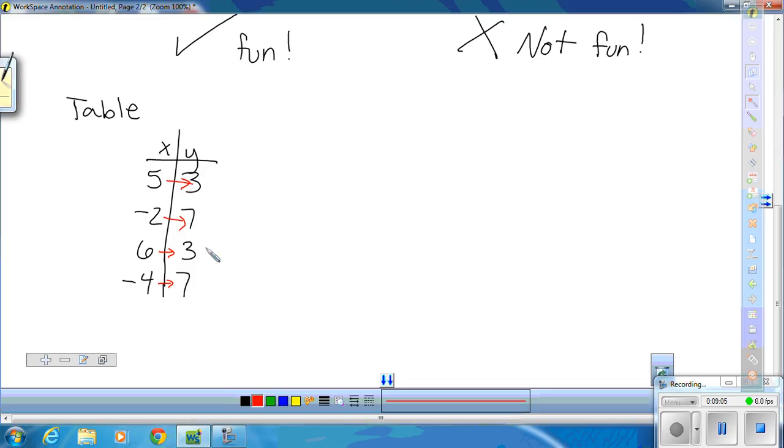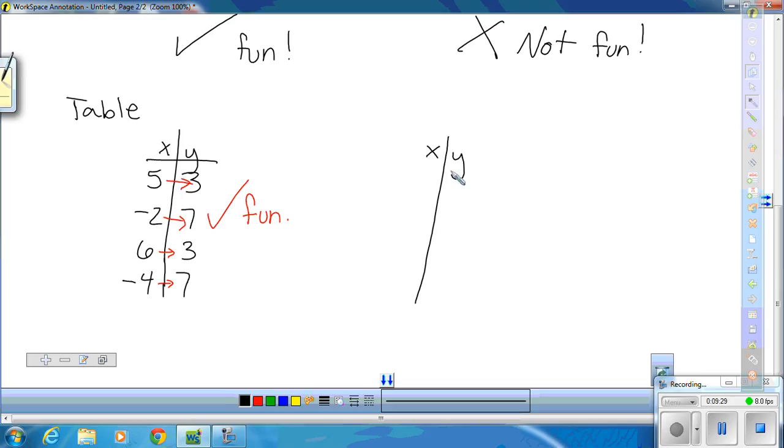Now, the fact that 3 got used as an output twice, that doesn't actually matter. What matters is that every input has only one output. It doesn't have any rules about how the output can be repeated. In fact, you can have functions where the output's the same all the time. It's a boring function, but it's called the constant function.